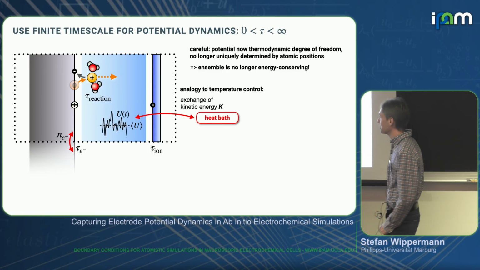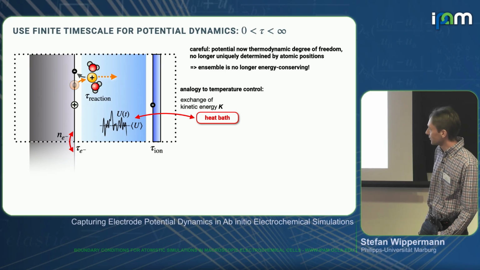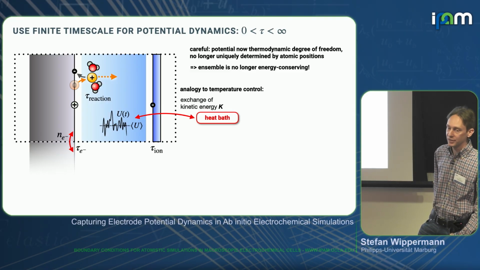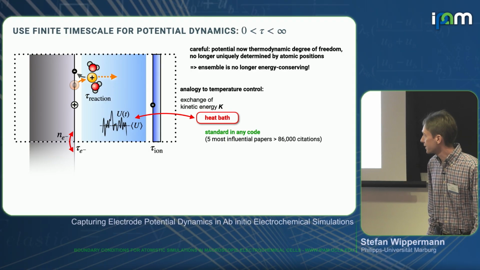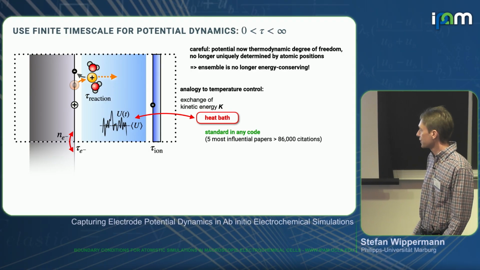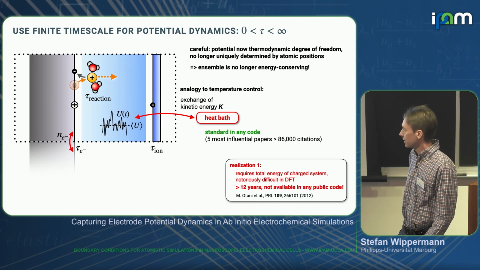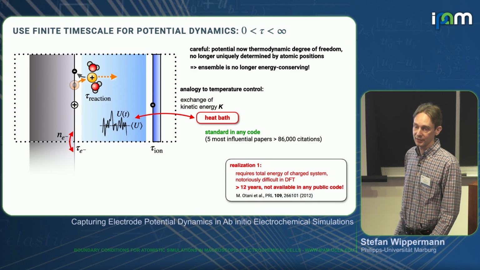It's a nice analogy to temperature control, where we have exactly the same thing, essentially. We have some inner energy in our system, and we allow the system to exchange heat, kinetic energy, with an external heat bath. This is by now standard in any code. The same kind of approach we should have also here for the charge dynamics.